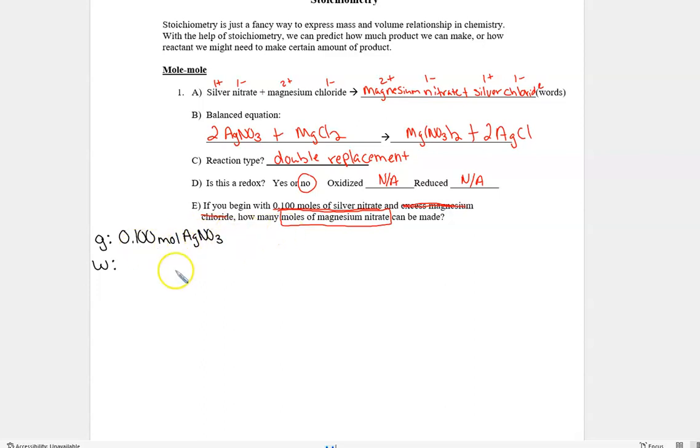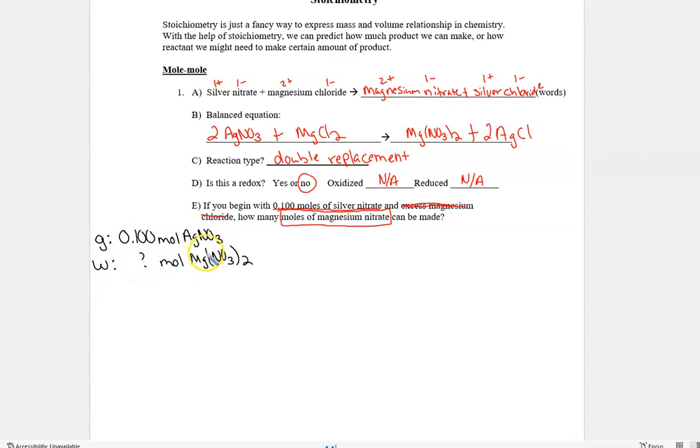And we are trying to figure out moles, so same unit, but we're switching it to Mg(NO3)2. So we're saying if we have this many moles of this, how many moles of that would be formed?